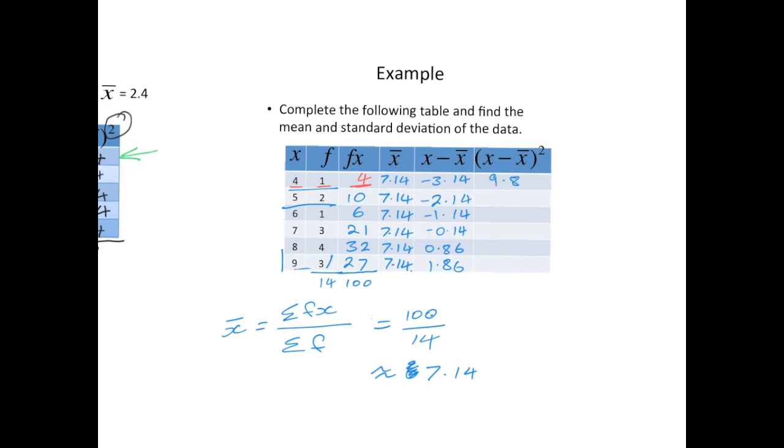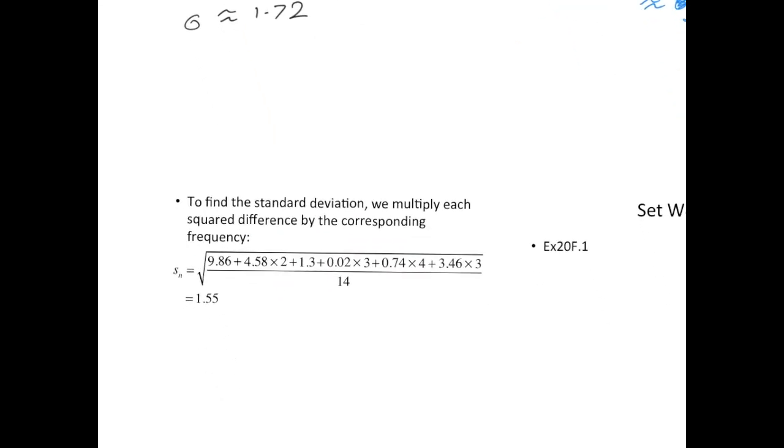And then to fill in the last column, you square all of the differences and you should get a positive value for each difference. Then to find the standard deviation, we have to remember that each x value has a frequency. So for each of the differences, we have to multiply them by the frequency as shown in this formula.